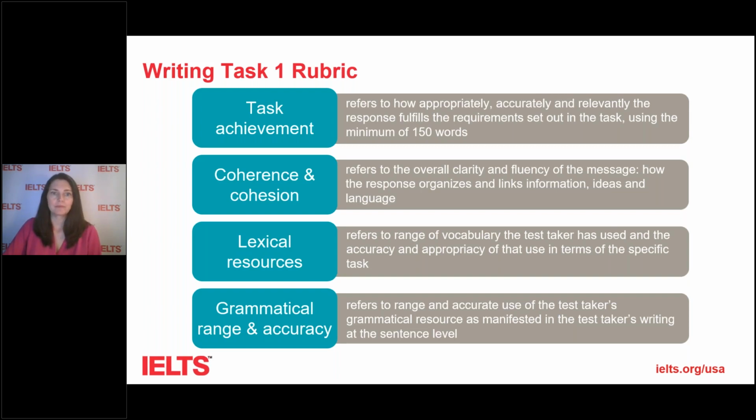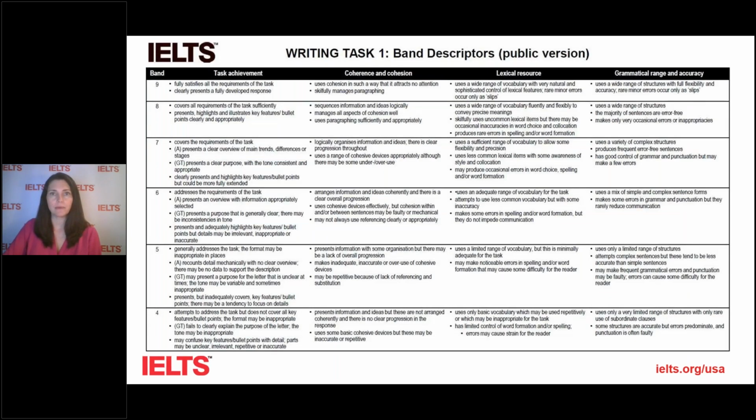Now, IELTS examiners who assess the writing have descriptors that they use to help them evaluate what band a particular writing sample is. And so you'll see on this example here, this is a public version of those descriptors that IELTS examiners use.